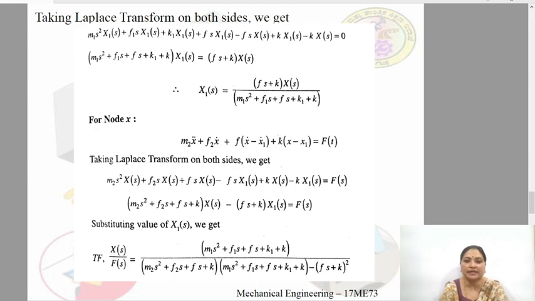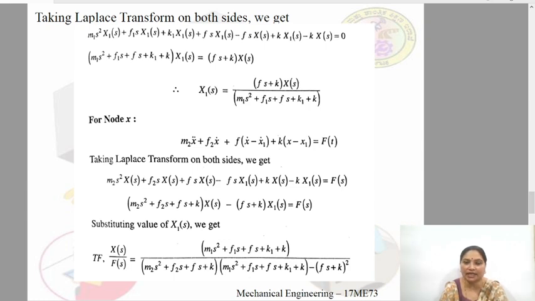Now taking the Laplace transform on both sides, we get m1 s square X1(s) plus f1 s X1(s) plus k1 X1(s) plus fs X1(s) minus fs X(s) plus k X1(s) minus k X(s) is equal to 0.